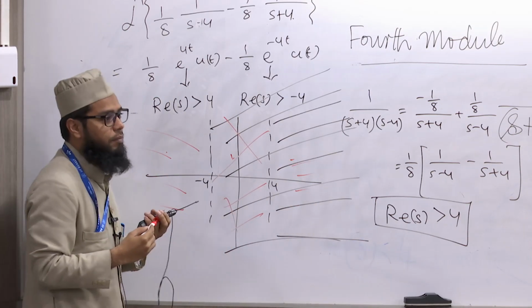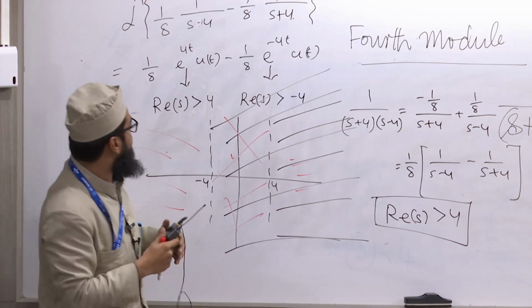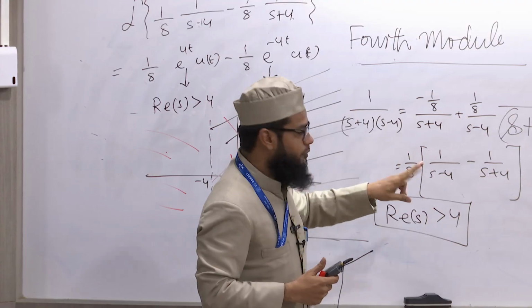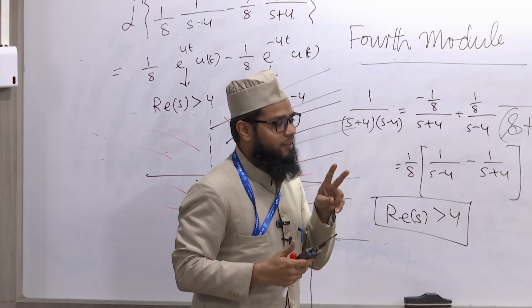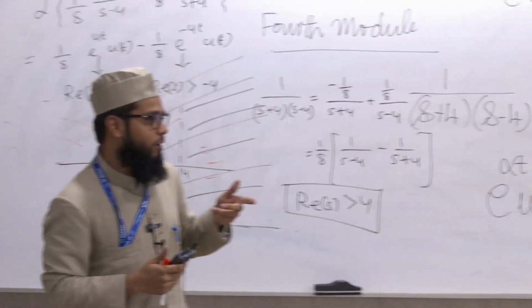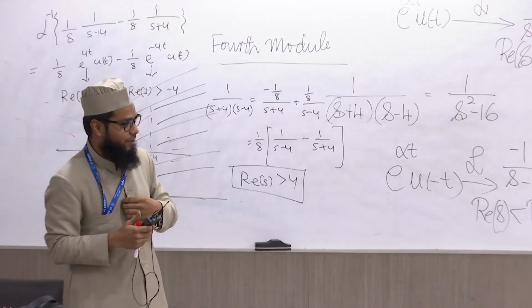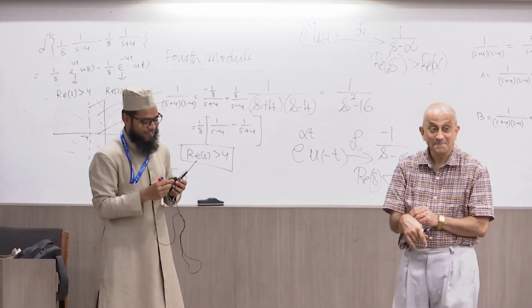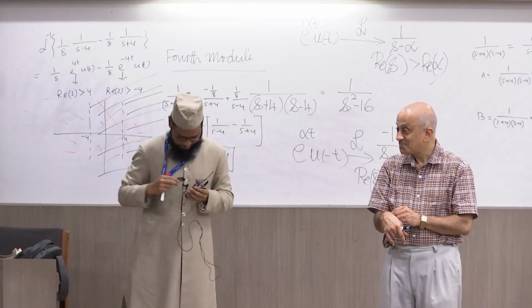We have 2 components here, and for both we can have 2 types of inverse Laplace transform. So 2 times 2 is 4, so we can have 4 types of transform.